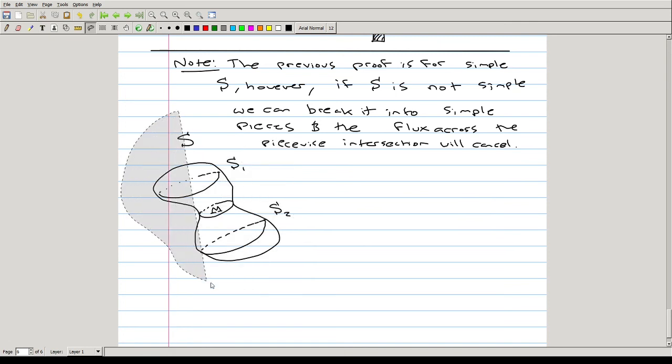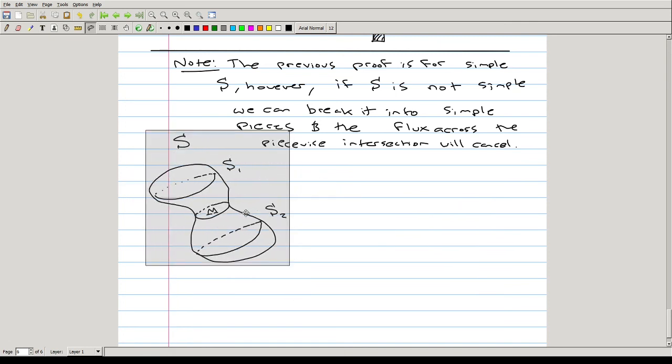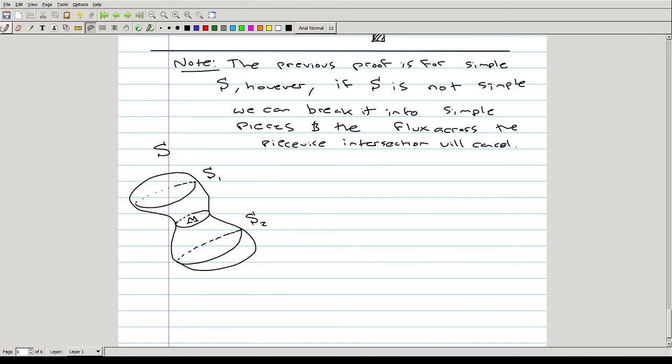And because S1 union M and S2 union M are both simple domains, our previous proof holds.